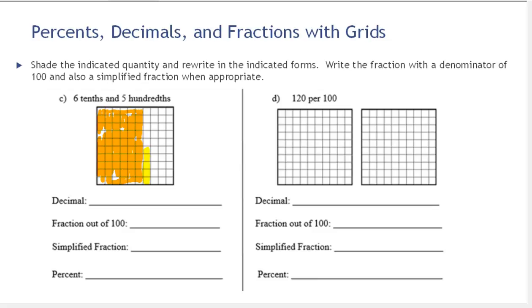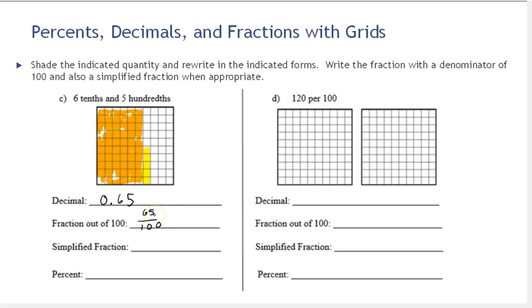So our decimal representation is 0.65, 6 tenths and 5 hundredths. Our fraction out of 100, well, this means 65 hundredths, or there's 100 small squares and 65 are shaded, so 65 out of 100.